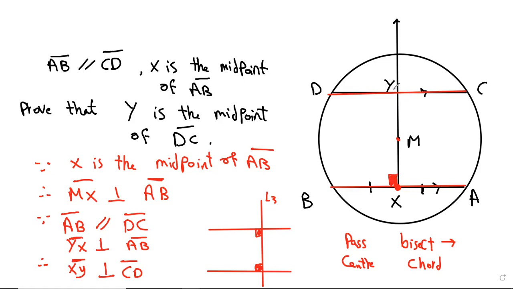And because you know that the straight line passing through the center of the circle and bisecting any chord is perpendicular to this chord, we are going to write, since MY is perpendicular to DC, so Y is the midpoint of DC. Let's go to the next example.